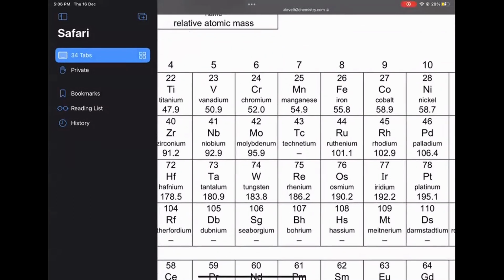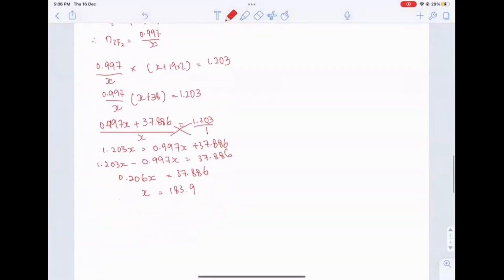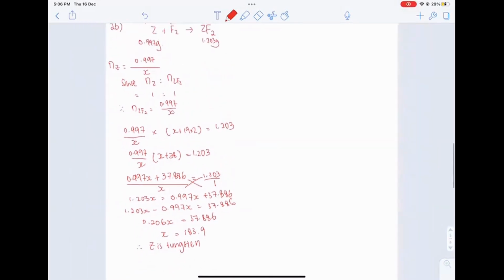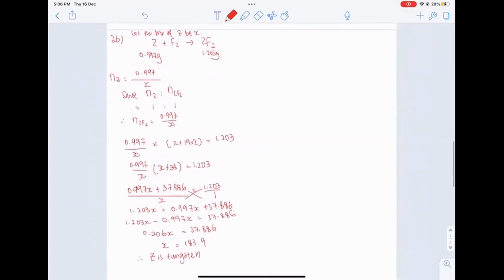So that is definitely the closest. The ones before it, on the left and on the right, are not as close as tungsten. So therefore, Z is tungsten. That's how you solve this question. So that's 2B. Understand? Any questions?